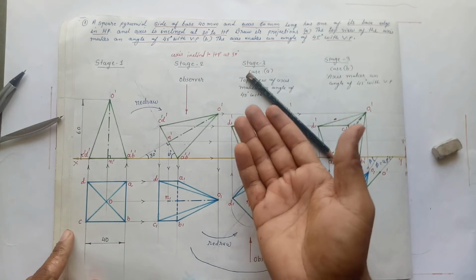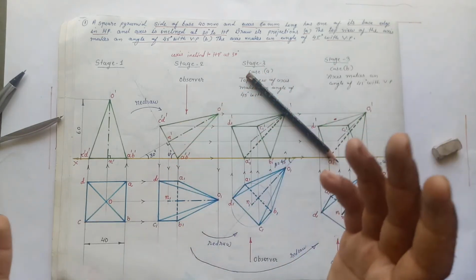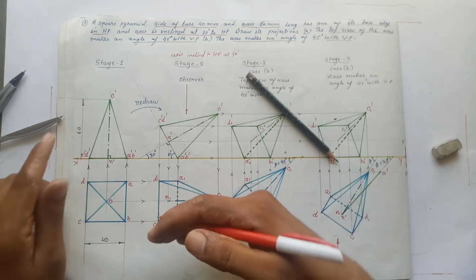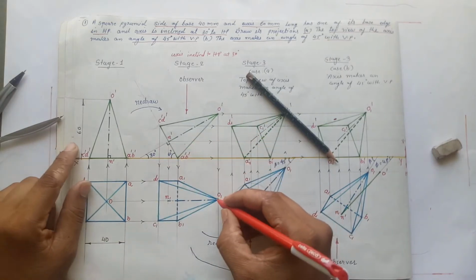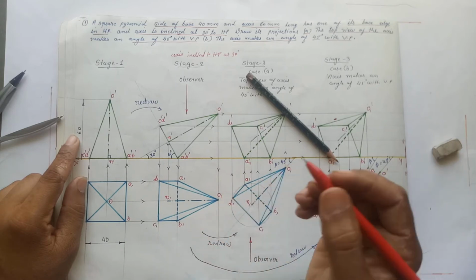And if they come inside the visible part of the triangular face OCD, then they are going to be hidden. We can see that OB and OA are outside of the triangular face OCD, so they are going to be visible. So draw O1A1, O1B1 as visible outlines.